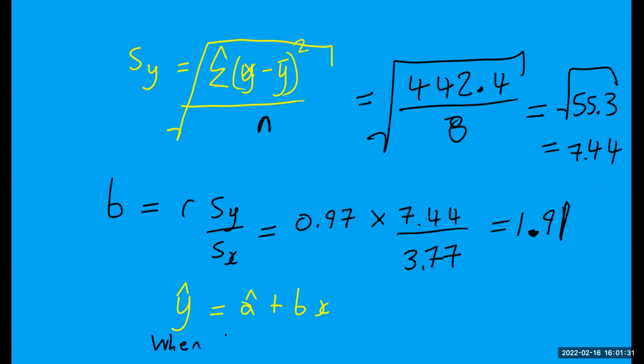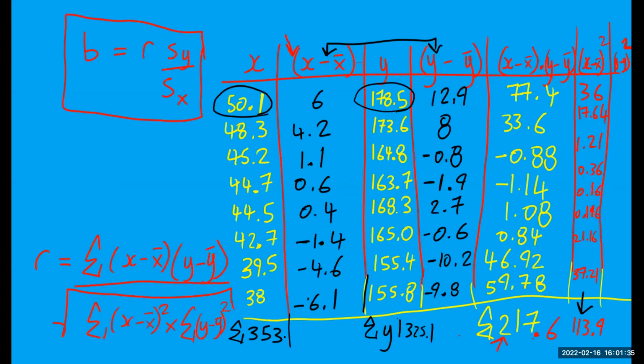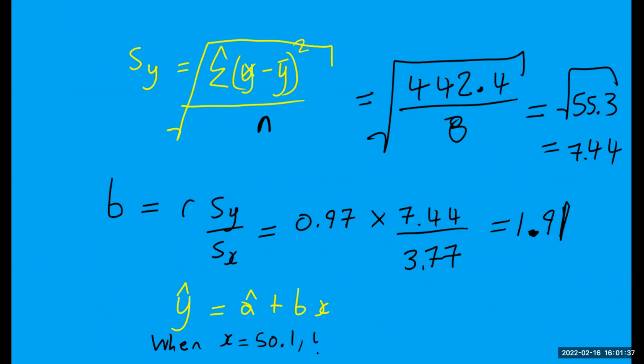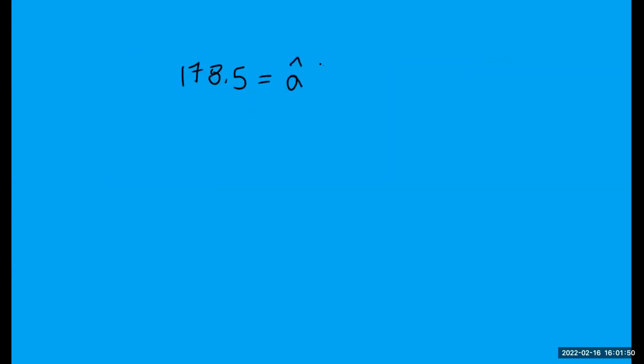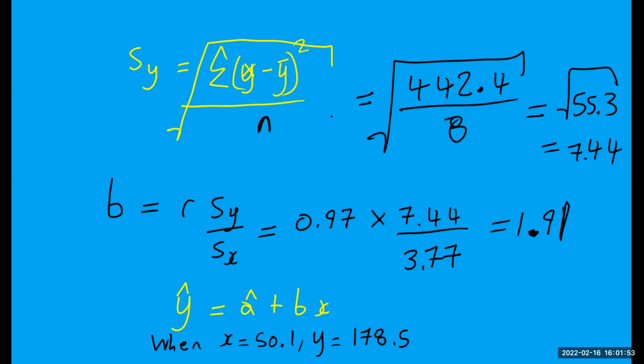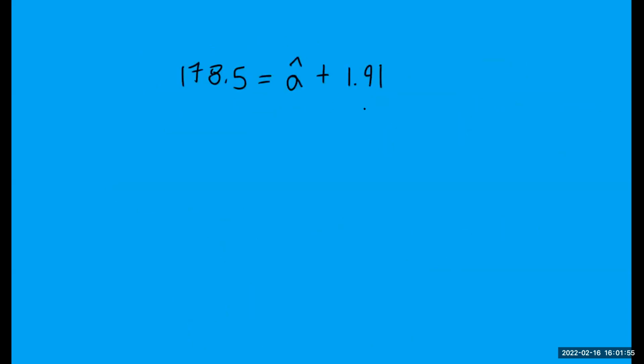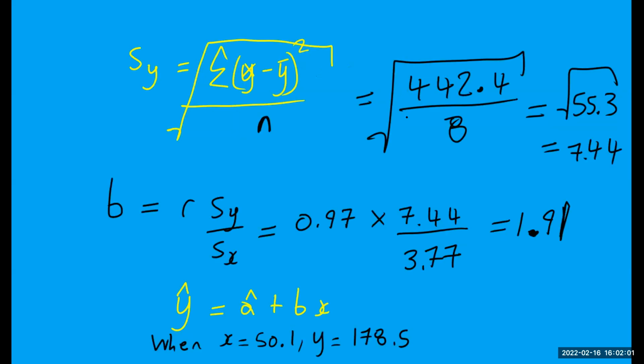So when x equals 50.1 and y equals 178.5, we can say 178.5 is equal to a hat plus b, which is 1.91, times x, and x is 50.1.